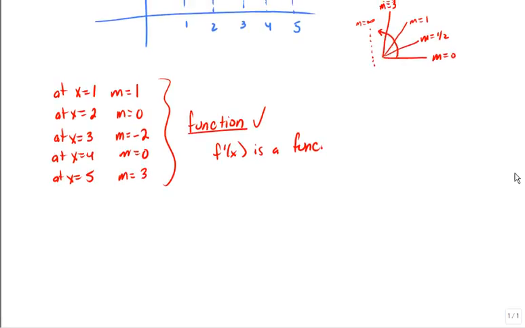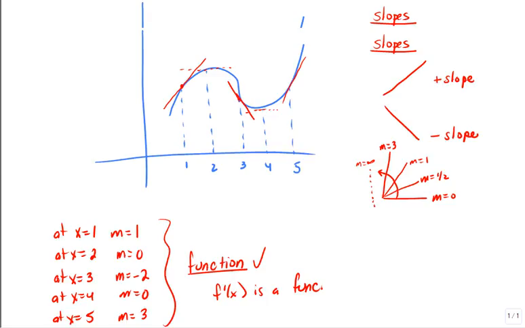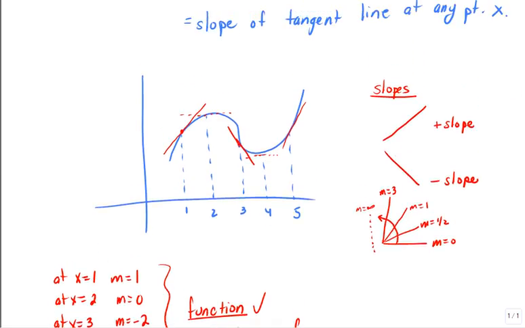Let me go back and look at this picture again. When the graph is increasing, all these slopes are positive. Let me do a little number line up here. From the point where the function starts to here, f prime, the derivative, is positive because the slope is positive.